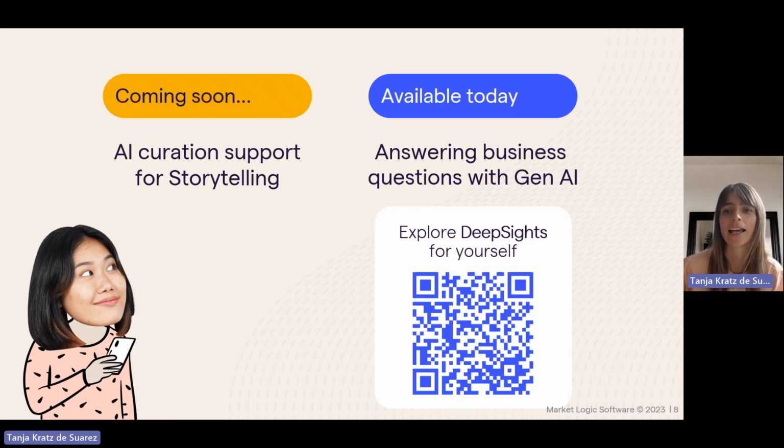That means you get answers that you can trust, so no hallucinations that you may have experienced yourself by using public AI tools like ChatGPT. You can use this barcode right here to explore DeepSights for yourself and get a demo if you want to learn more.